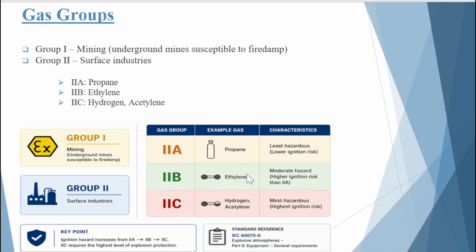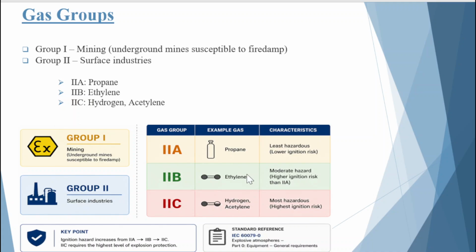An important point to remember is that equipment certified for a higher gas group can generally be used for lower gas groups. For example, Group IIC equipment can also be installed in IIB and IIA hazardous areas, provided all other certification requirements are satisfied.